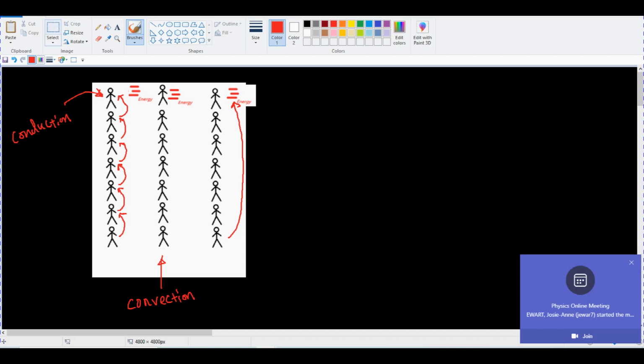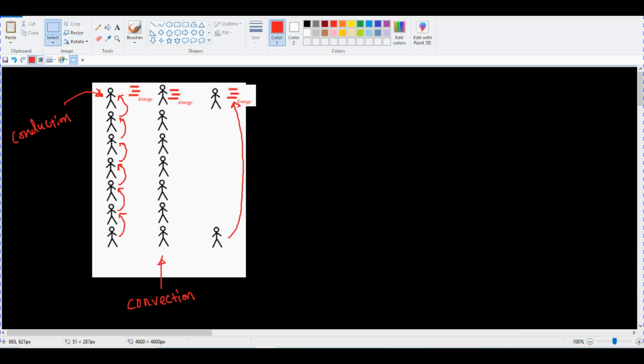Those members between the two ends are totally irrelevant, so you can get rid of them. You only need the first guy and the last guy to transfer the energy. That's the last way, and this is what we call radiation. So that's a simple analogy of the three ways to transfer energy, and we're going to start with the first one, conduction.